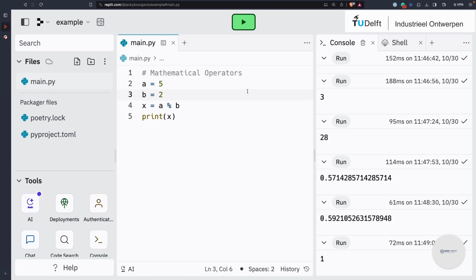Okay, so what kind of operation gives you an answer of 1 when you apply it to 5 and 2? Right. So X here gives us the rest of the division of A by B. It's the remainder after an integer division, right? Absolutely. So 5 divided by 2 is 2.5 if you think about it that way, or it's 2 with a remainder of 1.